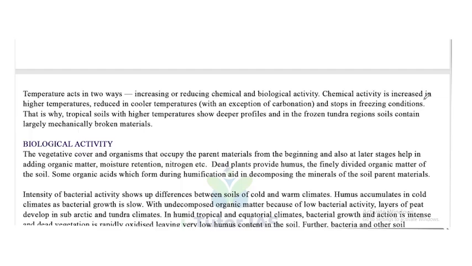Chemical activity is increased in higher temperature, reduced in cooler temperature, and stops in freezing conditions. That is why tropical soils with higher temperature show deeper profiles, and in frozen tundra regions soils contain largely mechanically broken material. Now, the final one is biological activity.